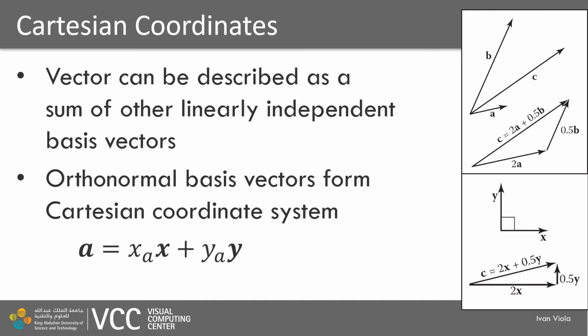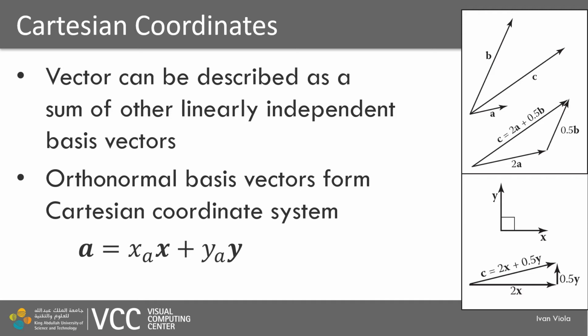Often it is very practical not to have wildly defined vectors, but for Cartesian coordinates, for example, we are using vectors which are forming orthonormal bases. So for 2 dimensions, it will be 2 vectors which are perpendicular to each other, and at the same time, the length of both of these vectors is equal to 1.